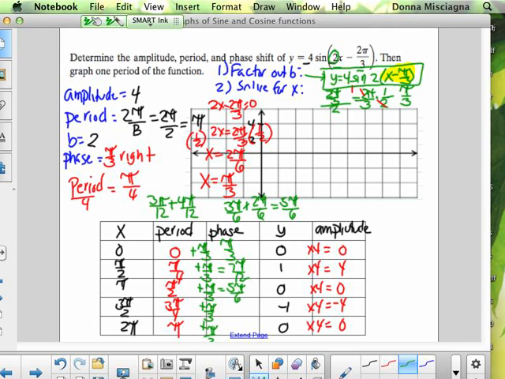And 3 pi fourths plus pi thirds. All right, so 4 times 3 is 12, 3 times 3 is 9. So 9 pi 12ths plus, of course, 4 pi 12ths is a third. We did that earlier. Plus 4 pi 12ths, the same as over here. That would give us 13 pi 12ths.